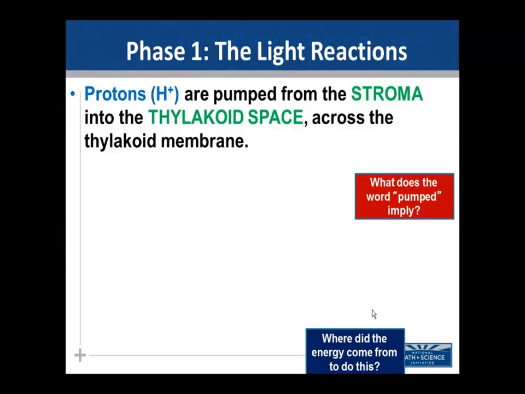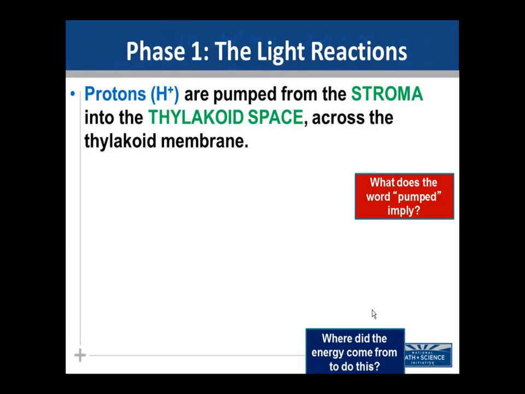So where do we get the energy from to do this? For pumping, we need energy. Well, this energy came from, remember, those electrons that were losing energy, right? That exergonic reaction as they were traveling down the electron transport chain. That exergonic reaction was coupled to this endergonic reaction.